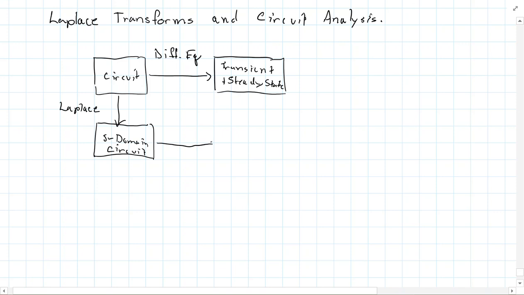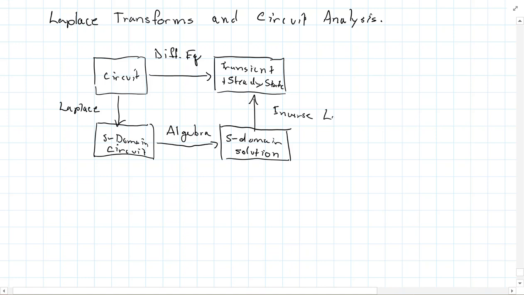And then we get what I will call the S domain solution, using algebra to get to that S domain solution. And then we do an inverse Laplace to get back to the transient and steady state.